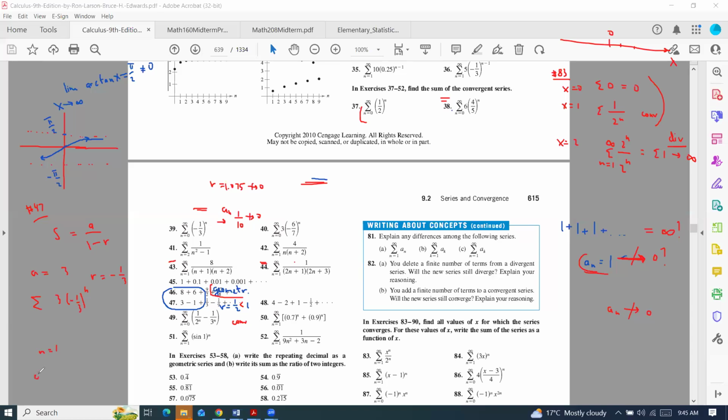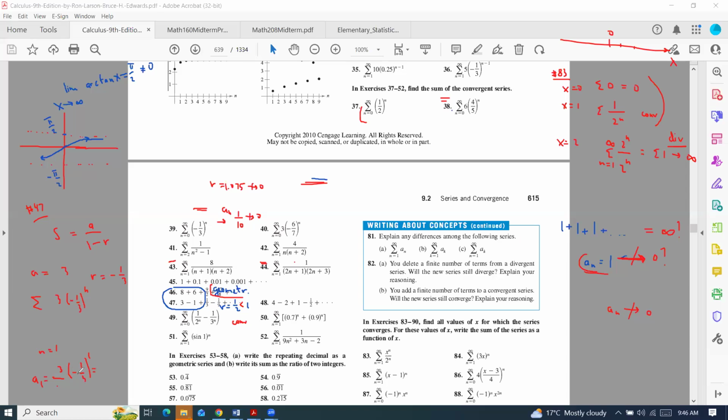my a1 will be, well, just put 1 instead of n and see what comes out, right? So it'd be 3 times negative 1/3 to the power of 1, which is still negative.